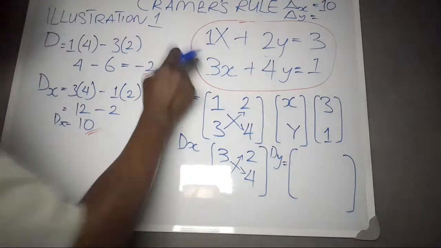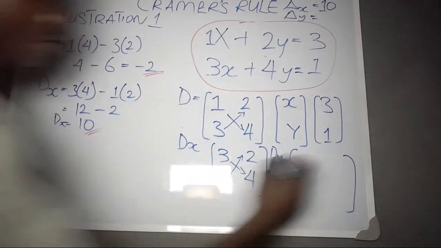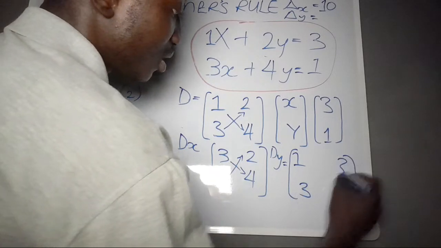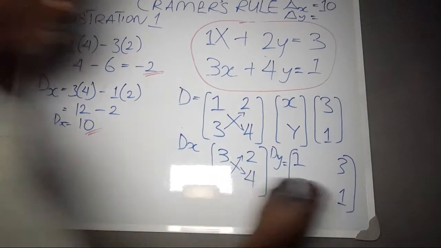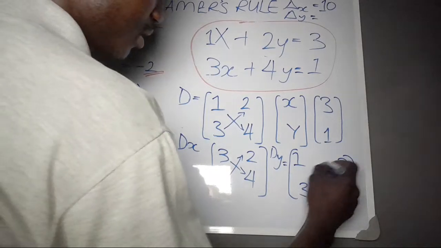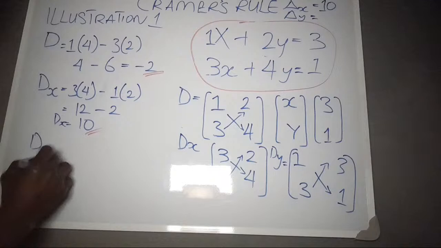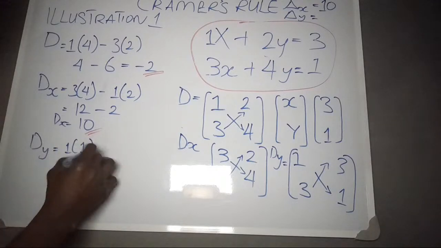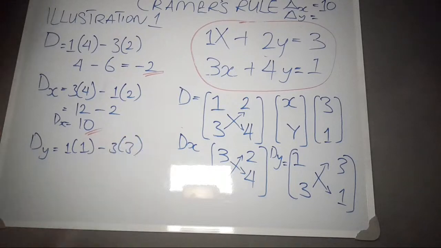So instead of this 2, 4, it's going to be 3, 1. So x is going to remain 1, 3. Now it's going to be 3 and 1. So this multiplies this, and this multiplies this. So we have dy, that's a 1 into 1 minus 3 into 3.